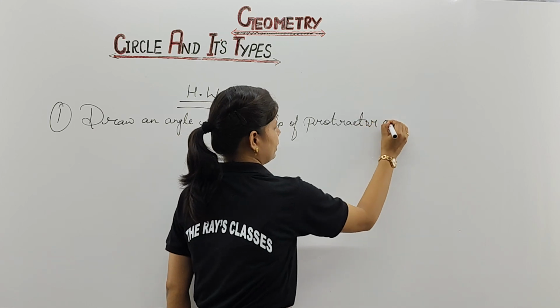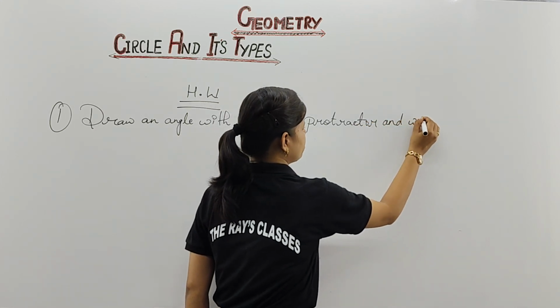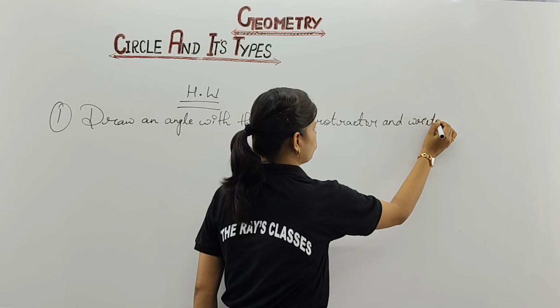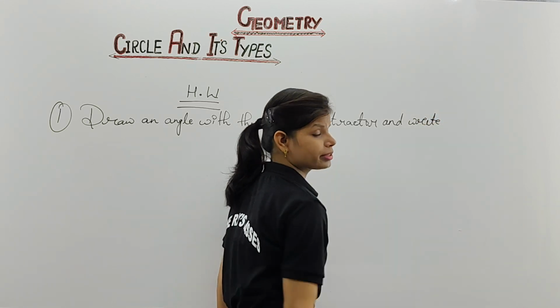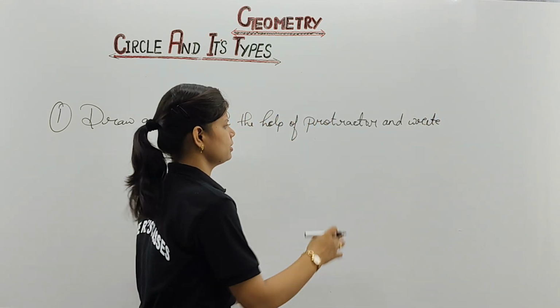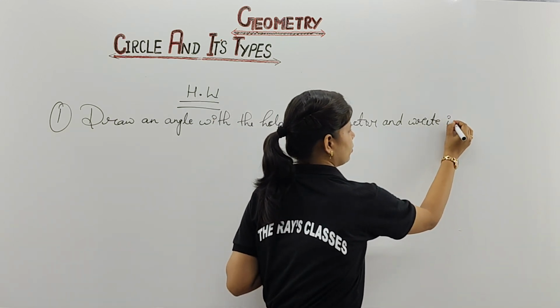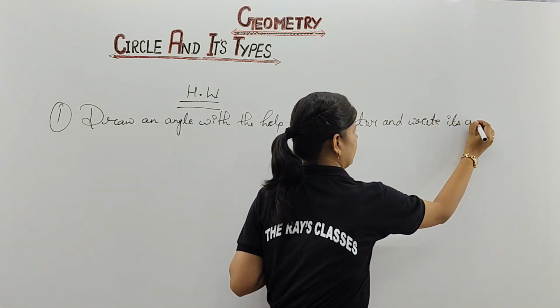In our previous video related with angle we have done also, we have solved questions by putting few dots. We have drawn different patterns of angles. And write its angle.